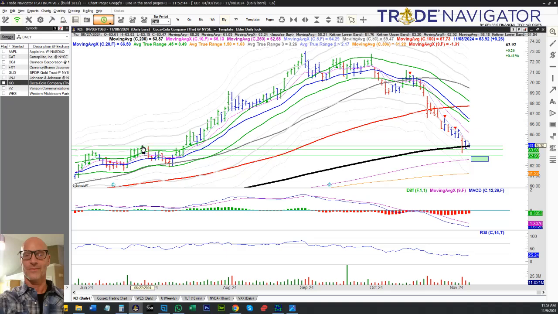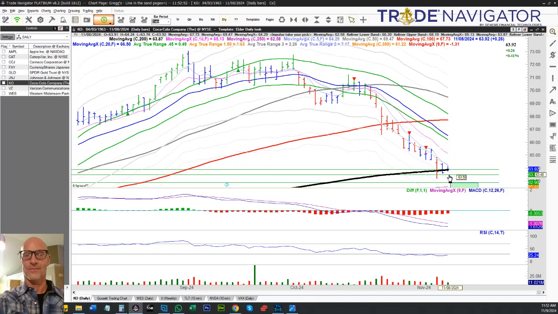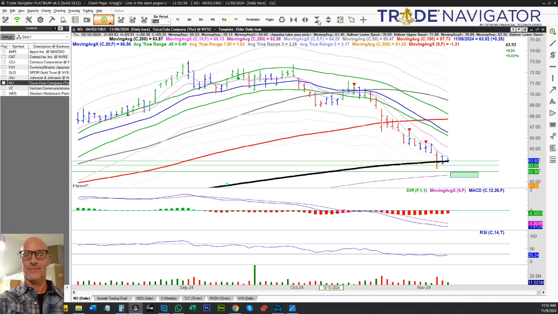So if you take the highs back here in June and you draw those out into the future, look at that. That support level is dovetailing perfectly with this 200-day moving average as well. So I'm not surprised that's where it stopped going down.